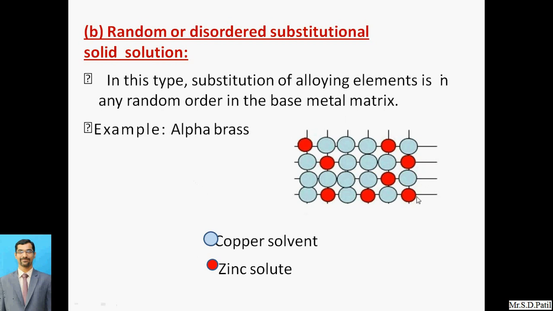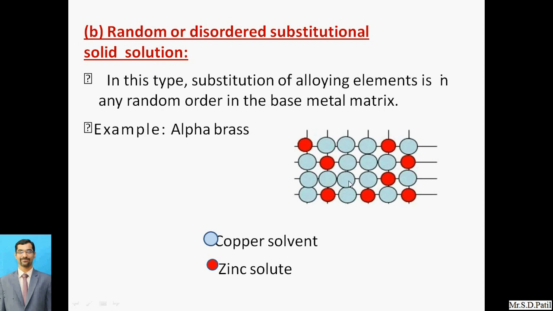So here we can see the structure. The base material, or the solvent, is copper over here, and zinc is the solute. Now here we can see that wherever any space has been vacant over the solvent, it has been occupied by the solute. If we consider this particular row, here it is at the first, here second, fourth.